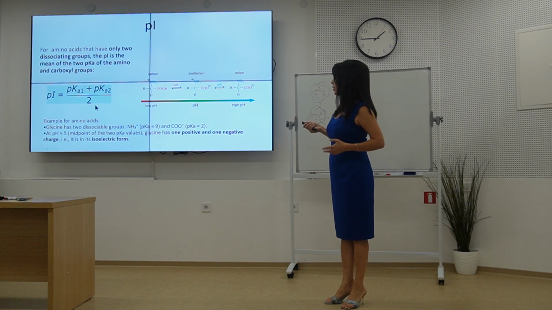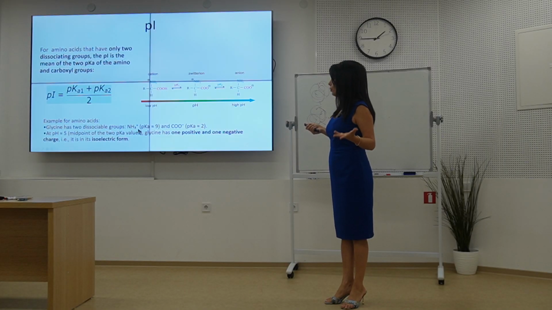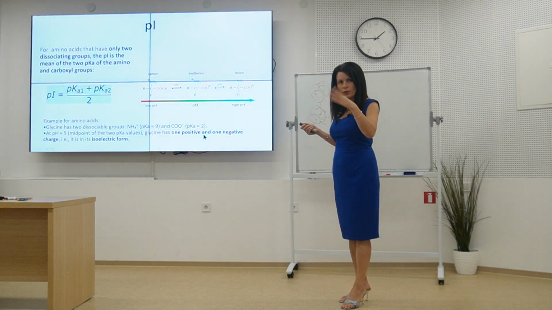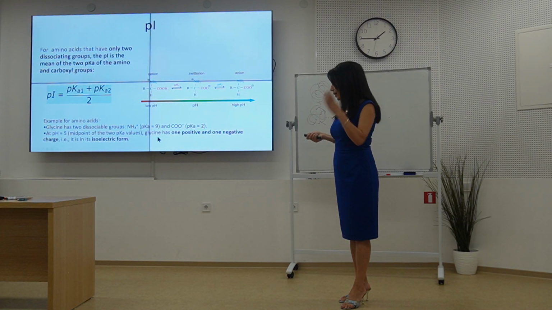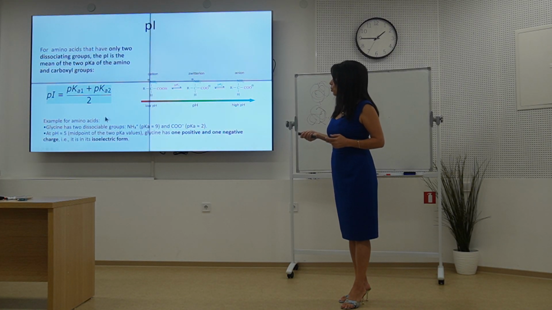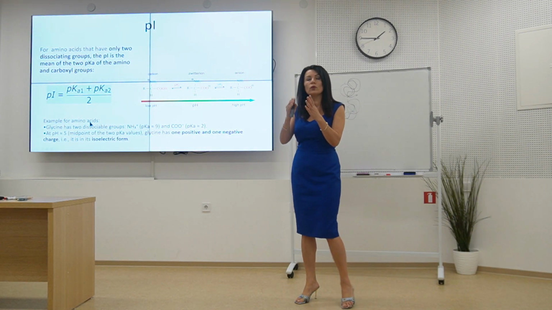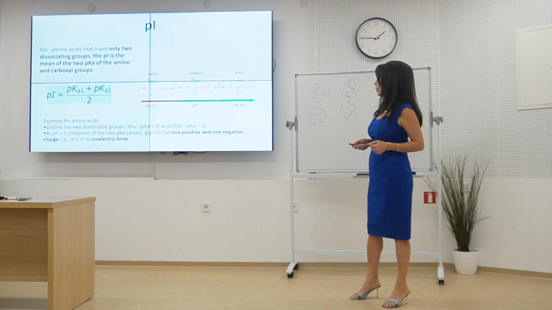For example, with glycine, there are two dissociable groups: the amino group, with a pKa around 9, and the carboxyl group, with a pKa around 2. 9 plus 2 is 11, divided by 2, around 5 is the midpoint of both pKa, which is exactly the pH where the amino acid has its isoelectric form, with an equal number of positive and negative charges.